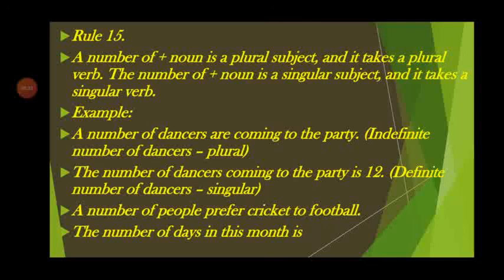The number of dancers coming to the party: there we can see that it is changed into the definite form. So it is countable and the number is considered plural. So 12 is plural, but at the same time, the last portion of the subject gives us clarity.